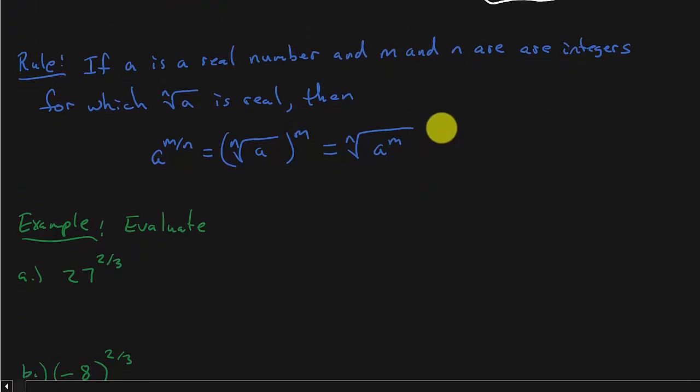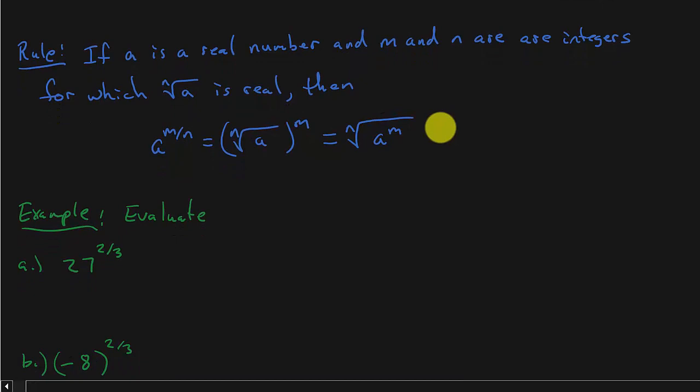All right, so now we have a rule. If a is a real number and m and n are integers for which the nth root of a is real, then a to the m over n is equal to the nth root of a, all of that raised to the m, which equals the nth root of a to the m.